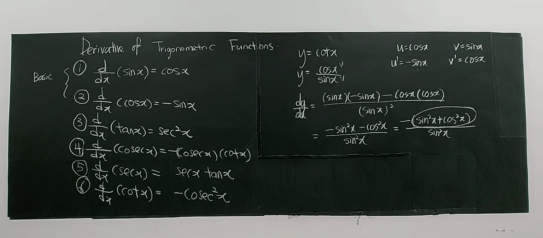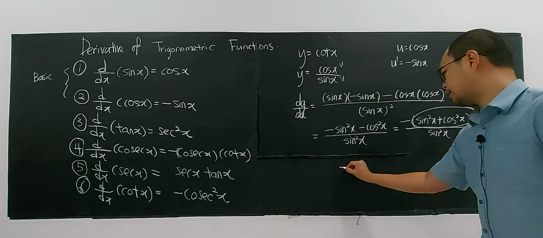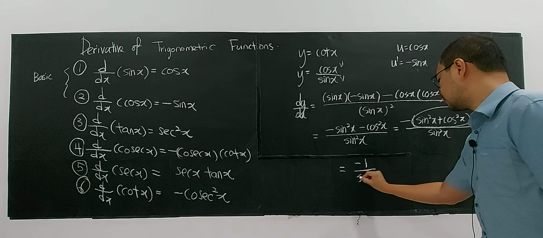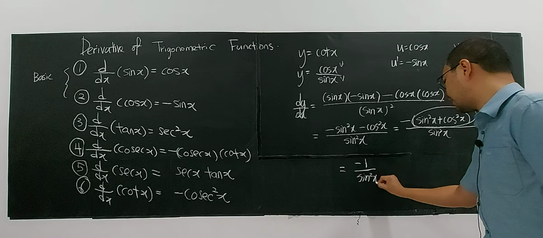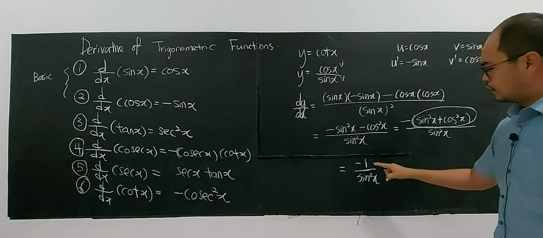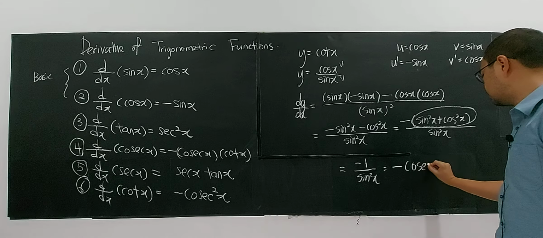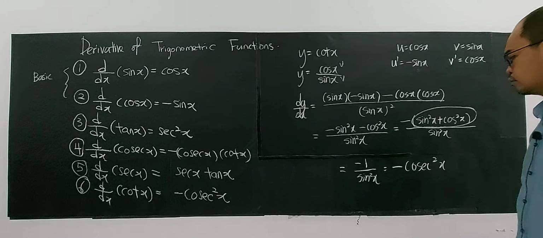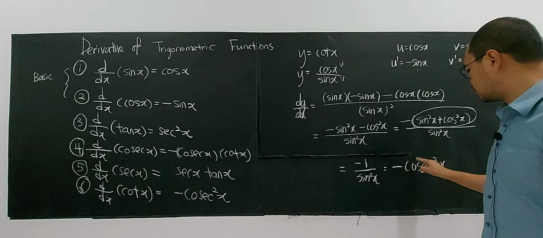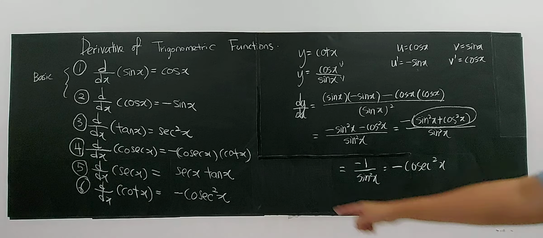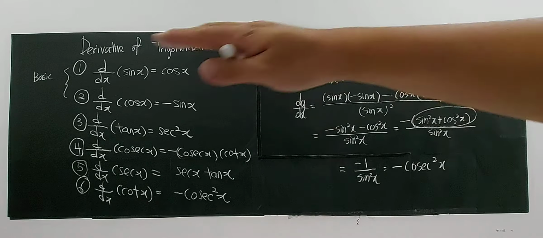So sine square plus cos square in trigonometry is always 1, right? So negative 1 over sine square x, and 1 over sine is cosecant, so it is negative cosecant x to the power of 2, right? So this will be the sixth formula, right?